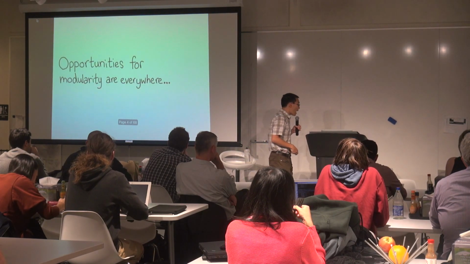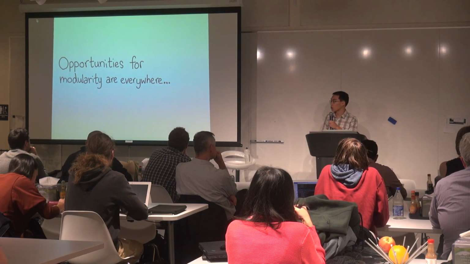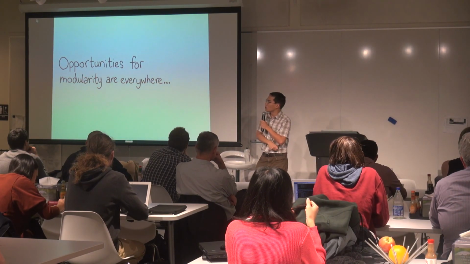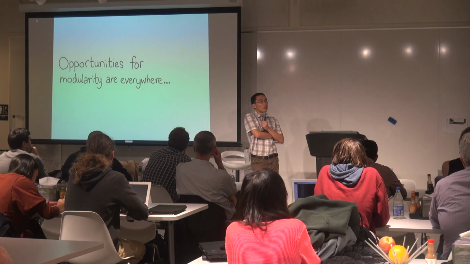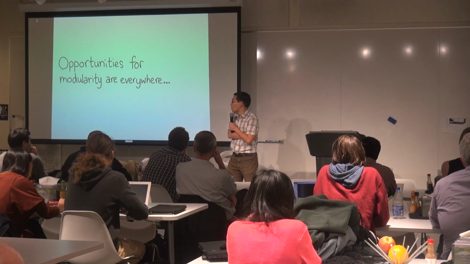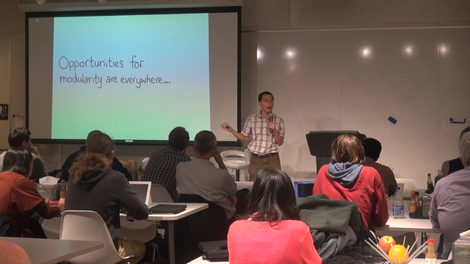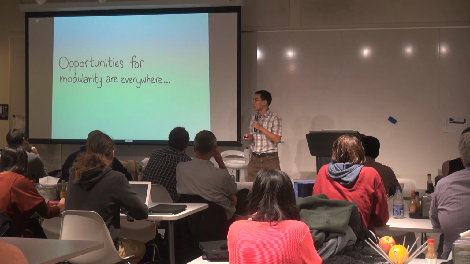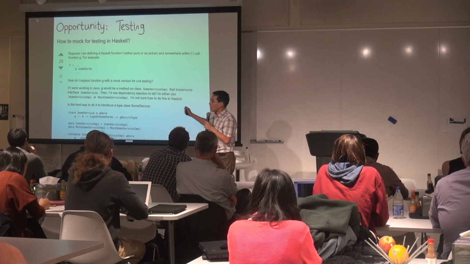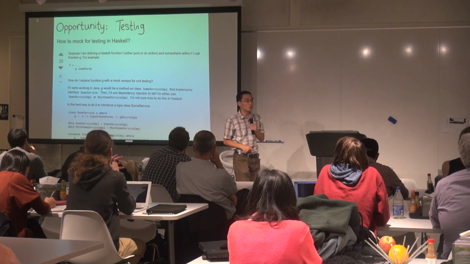So first, why do you want a module system? If you just sit down and look at your code, think about it, there are actually opportunities for modularity everywhere. And obviously, I can't talk about every single opportunity, but I want to give you a few. So this one, I actually got this idea talking to an engineer from Google.